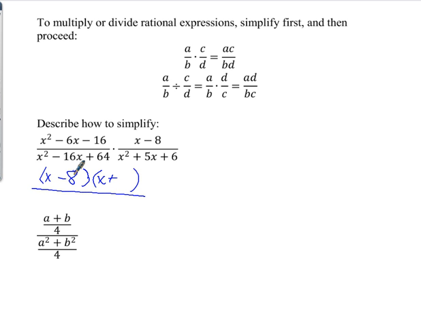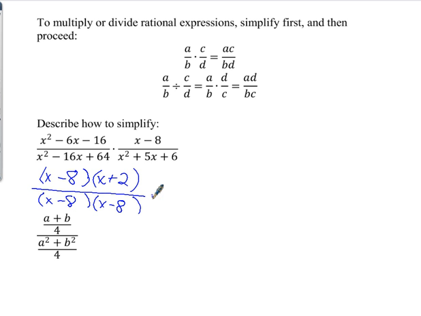It's going to be negative 8 and positive 2. All right, go to the denominator. This also factors. Happens to be a special case, but you don't need to know that. It's a perfect square trinomial. X minus 8, x minus 8.